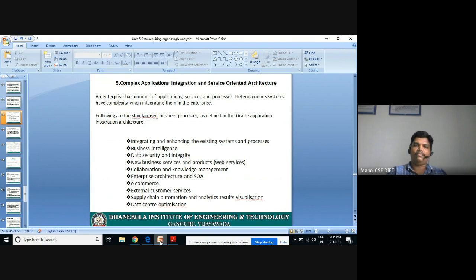Coming to complex applications integration and SOA. You have studied this SOA in computer networks and other subjects, and especially in IoT also. In the earlier topics we discussed this SOA, service oriented architecture. So consider any enterprise, any business. An enterprise has a number of applications, services, and processes. Application means a business. So any business or any enterprise has a number of applications, services, processes.